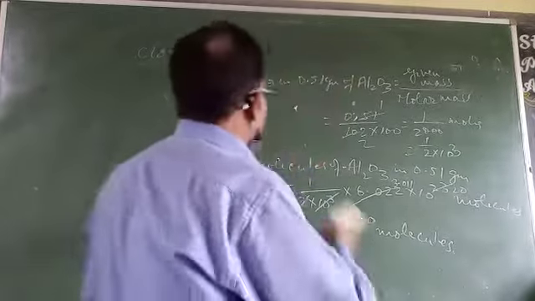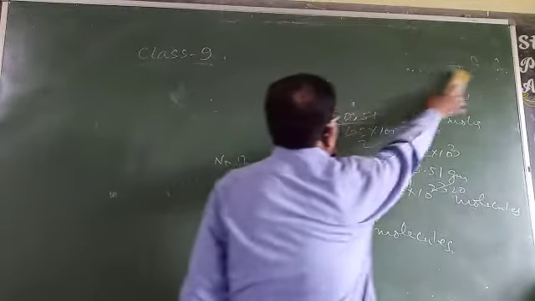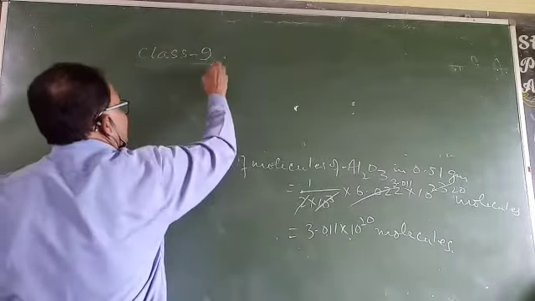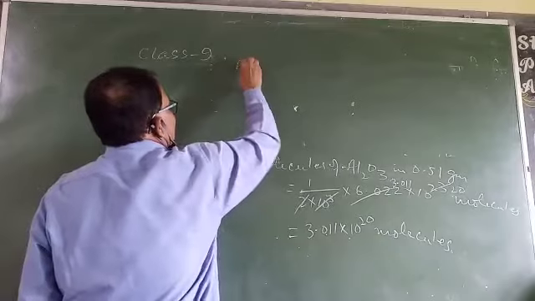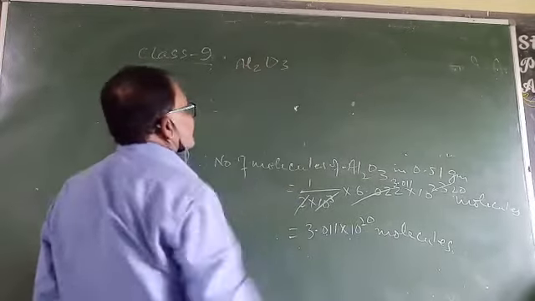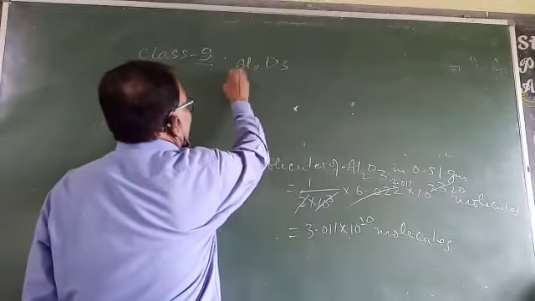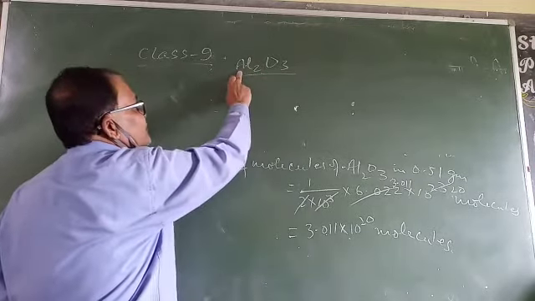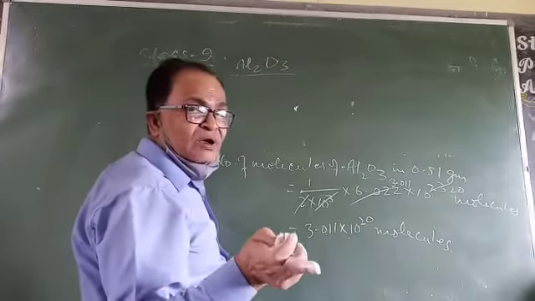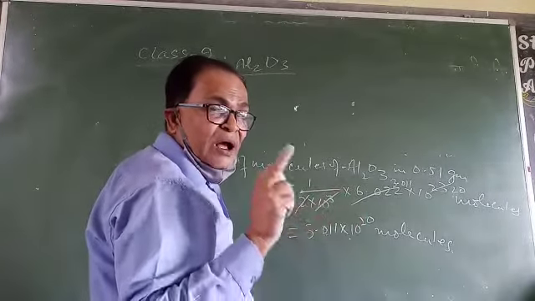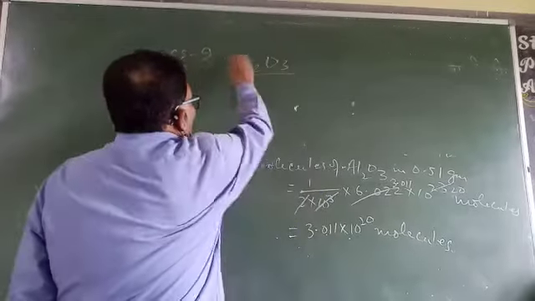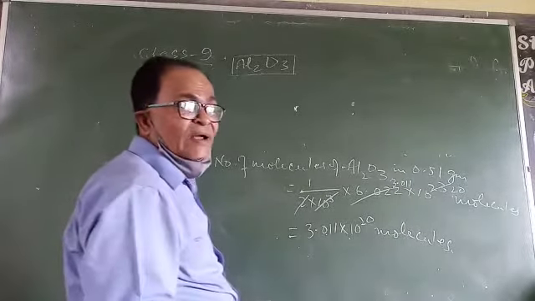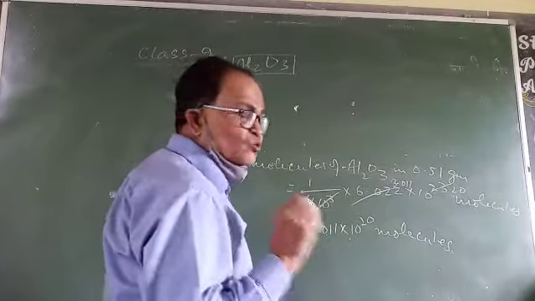Now, number of aluminium ions. Since you can see the molecular formula of aluminium oxide is Al2O3, it means one molecule contains two ions of aluminium. That is, one molecule of aluminium oxide contains two ions of aluminium.